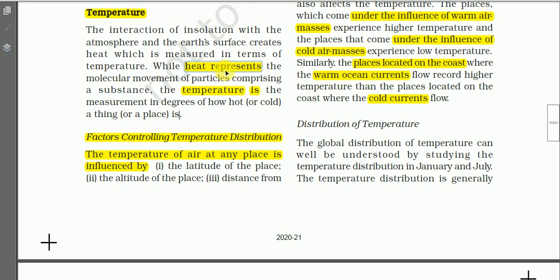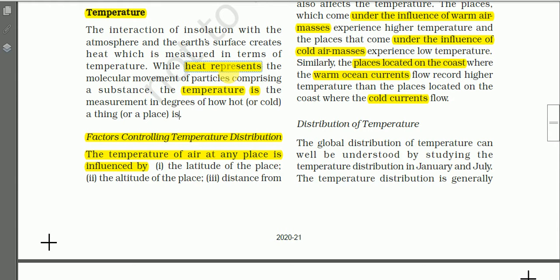So it means that heat refers to energy transferred into or out of an object because of temperature differences between that object and its surroundings.